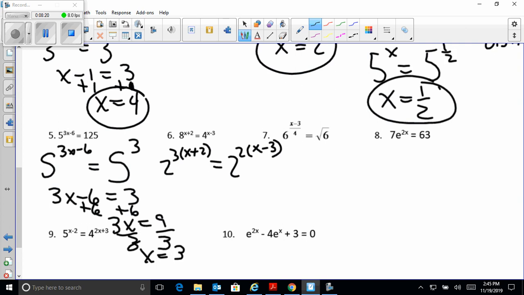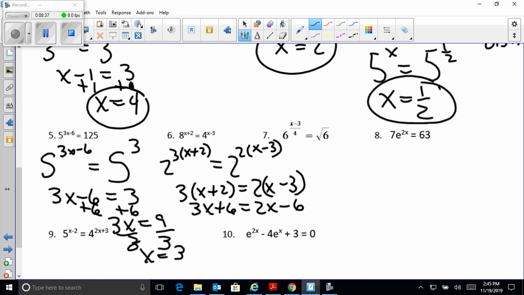So because I made them the same base, which I can do, I can now equate their exponents and then solve. 3x plus 6 is equal to x minus 6, minus 2x. x is equal to 50.